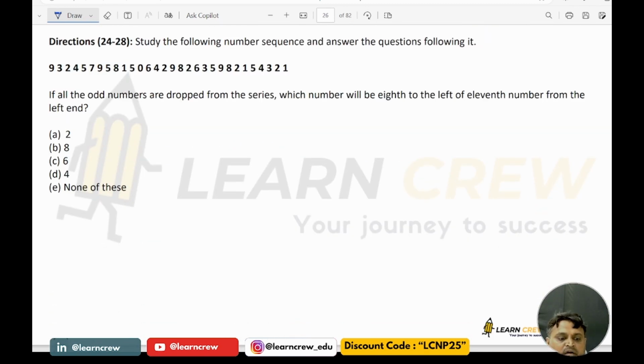Next, if all the odd numbers are dropped from the series, then which number will be 8th to the left of 11th number from the left hand?